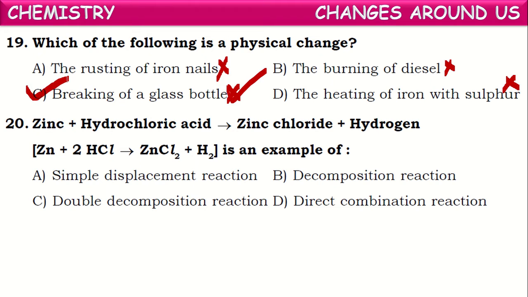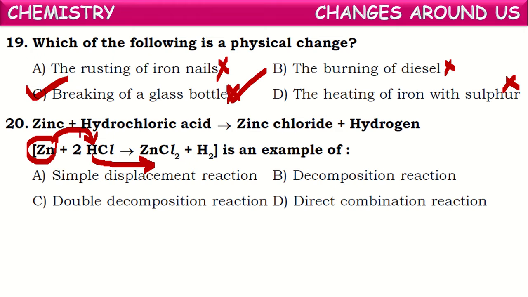Zinc plus hydrochloric acid gives zinc chloride plus hydrogen. What is happening here is, observe zinc reacting with hydrochloric acid, forming zinc chloride and hydrogen. If you observe carefully, this is zinc replacing hydrogen from hydrogen chloride. So hydrogen is separated out.